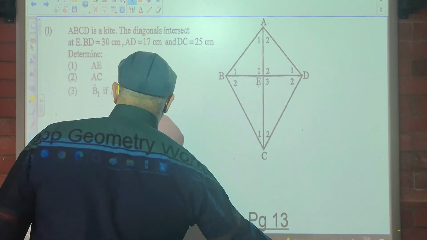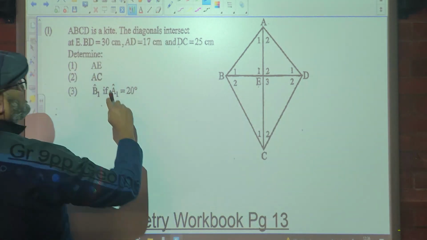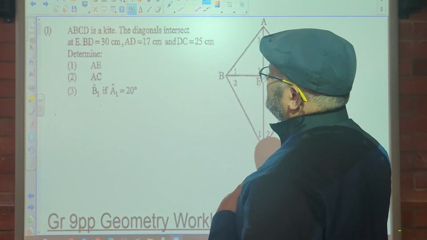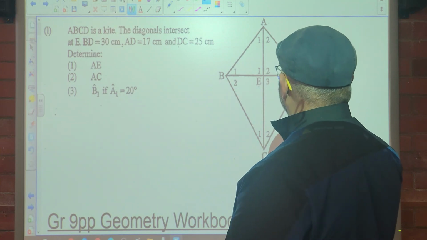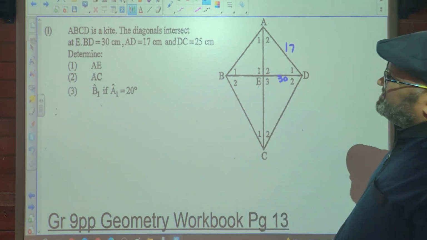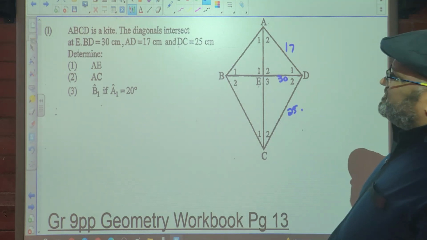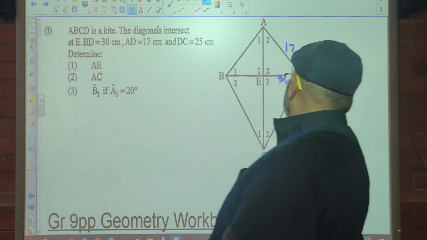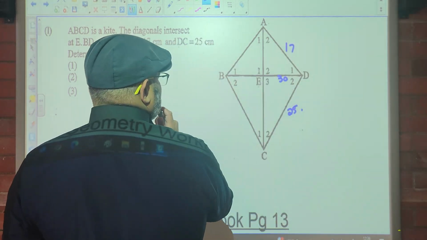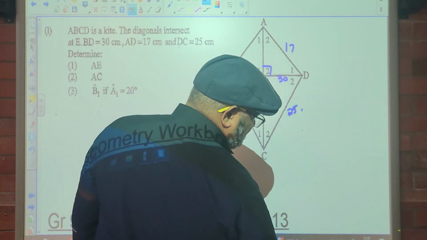So let's go. The diagonals intersect at E. Then we are told that BD is equal to 30, AD is 17 centimeters, and DC is 25 centimeters. Determine the length of AE. Okay. So people, I know that's 90, not so?